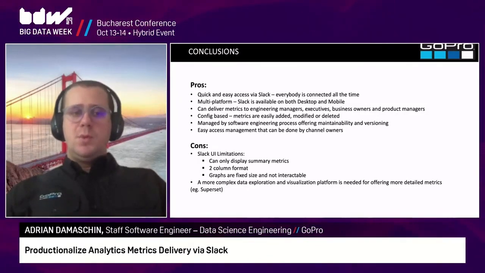There's that 2-column format that I was talking about. So when having multiple group bys or something like that, the Slack message may get overwhelmed or overflooded. And graphs are fixed size and, like I said, not interactable.